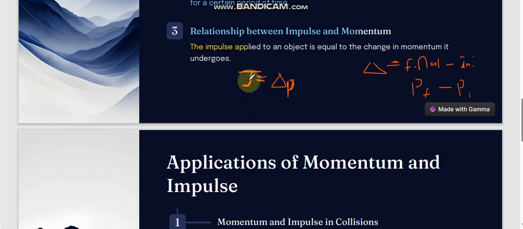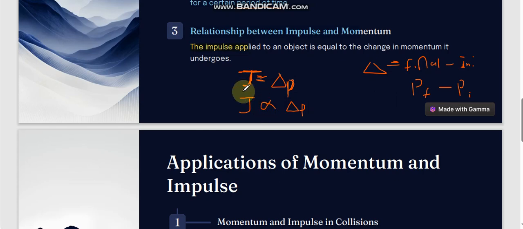Because of the equal sign here, we can conclude that J is directly proportional to the change in momentum. This notation I've written here simply means directly proportional, guys. What does it mean? Directly proportional means that when one thing increases, the other one also increases.